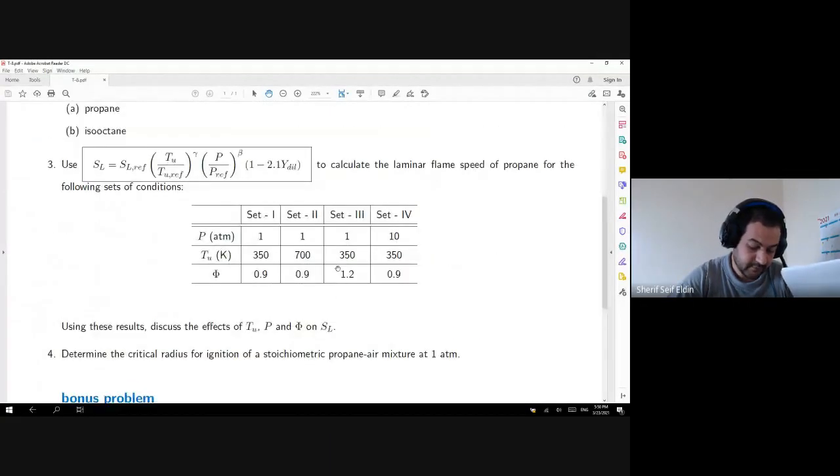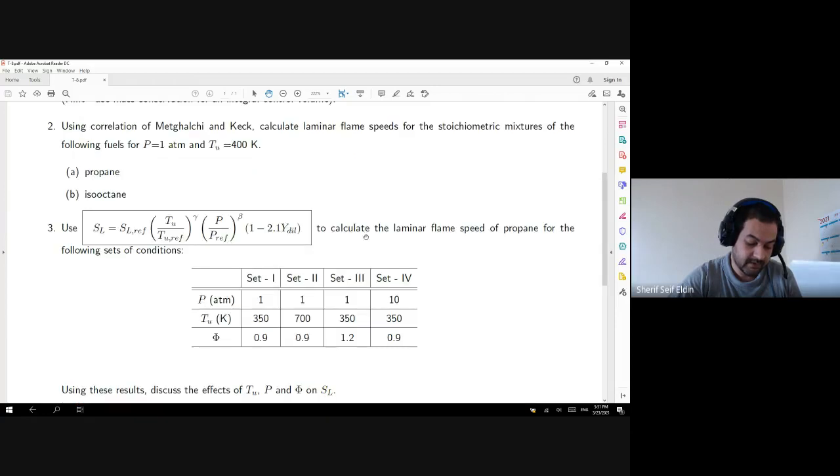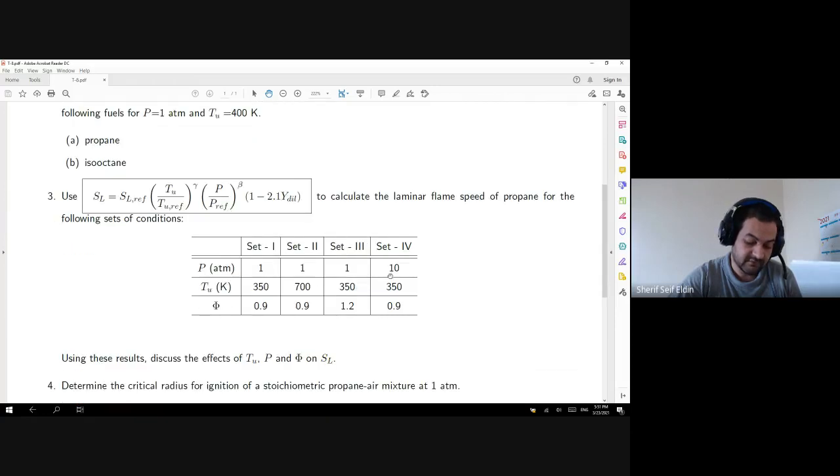All right, so for the third problem here, he wants you to use the Metghalchi correlation to calculate the laminar flame speed of propane for different sets, right? Which is very easy. We just did it for propane, and you can do it for all of these sets.